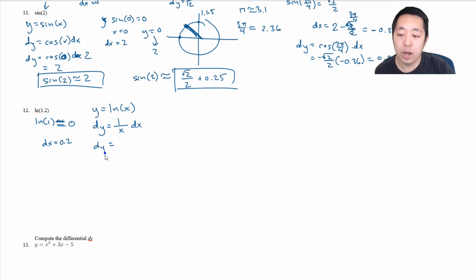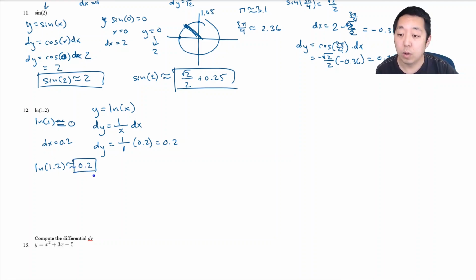And so my dy, my change in y, is going to be 1 over x, my x was 1, times 0.2. That's equal to 0.2. So my y value is going to go from 0 to 0.2 because I add dy to it. So ln of 1.2 is approximately equal to 0.2.